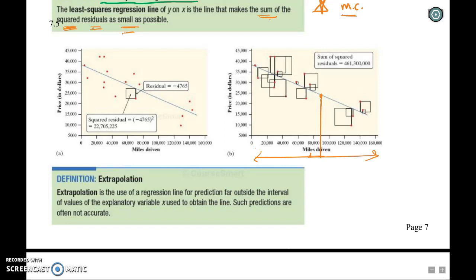However, if you wanted to make a prediction at 300,000 miles, far outside my explanatory data values, now you're going to run the risk that they might not be very reliable. Our book says they're often not accurate. Well, sometimes they are, but maybe this relationship that was linear for these values changes outside those values. So they're just not reliable.